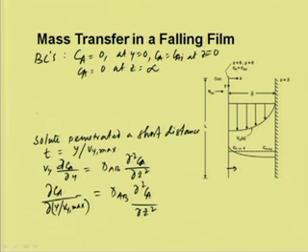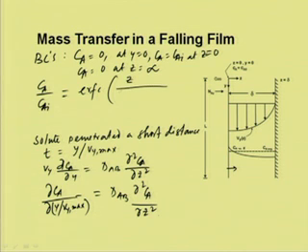So, if we integrate this equation, we can obtain C A by C A i equal to the complementary error function ERFC of z by root over 4 D A B y by V y max.